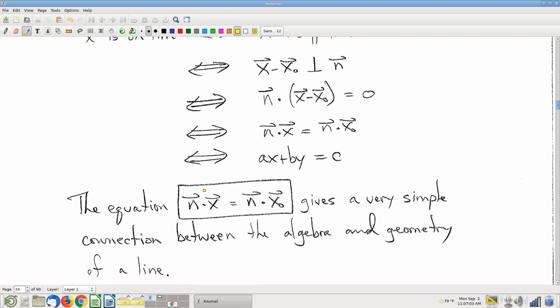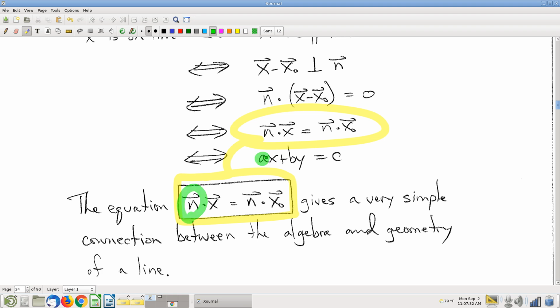Okay, so this is how you write it in an Algebra 1 class. But vector notation is pretty convenient in a lot of circumstances, so most of the time it'll be written like this. I would encourage you to memorize this one: n dot x equals n dot x naught. It's trivial to multiply that out if necessary, but it's valuable to see how these players show up in the algebra.